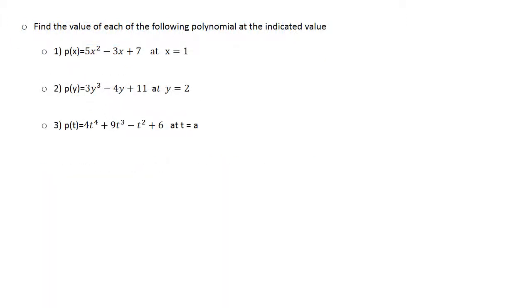Now we have a question. Find the value of each of the following polynomials. Our first question is 5x square minus 3x plus 7 at x equal to 1. We have to find the value of the polynomial P(x) at x equal to 1.